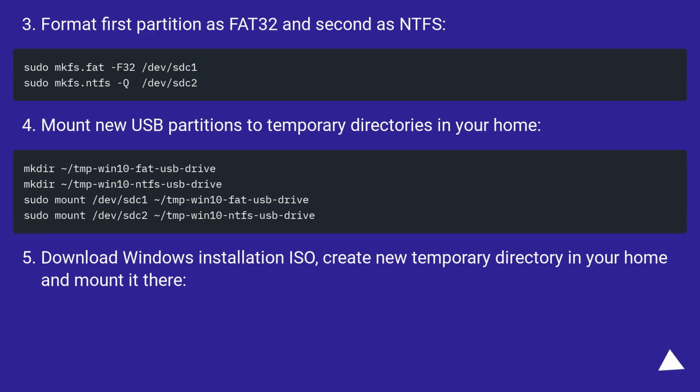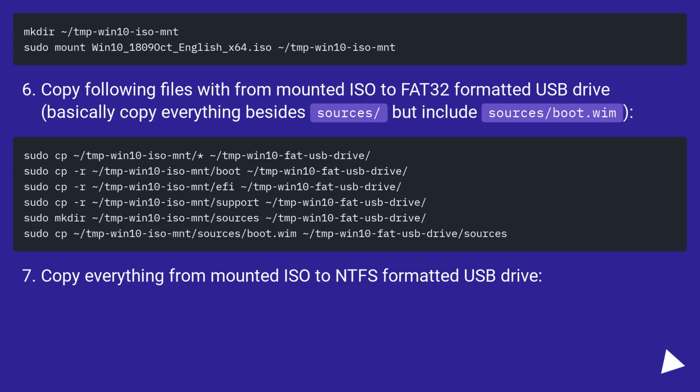Mount the new USB partitions to temporary directories in your home. Download the Windows installation ISO, create a new temporary directory in your home and mount it there. Copy the following files from the mounted ISO to the FAT32 formatted USB partition. Basically copy everything besides sources/ but include sources/boot.wim.